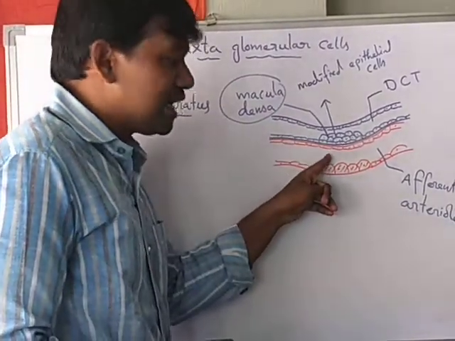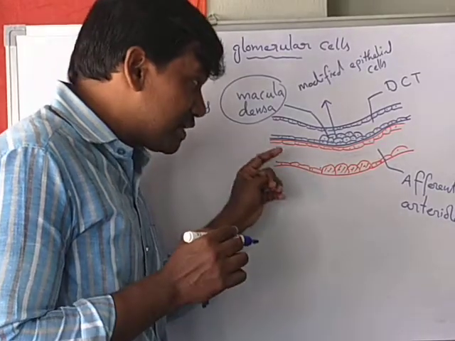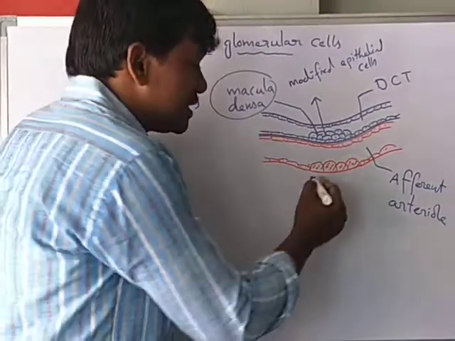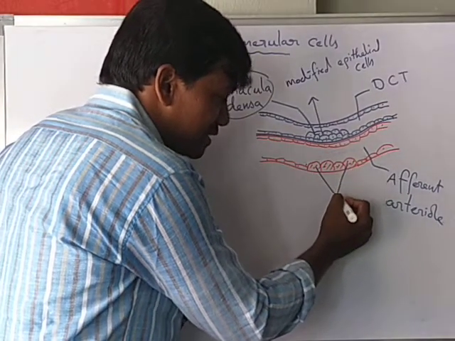And here we see the afferent arteriole. The wall of the afferent arteriole also has modified cells. They are modified smooth muscle cells.